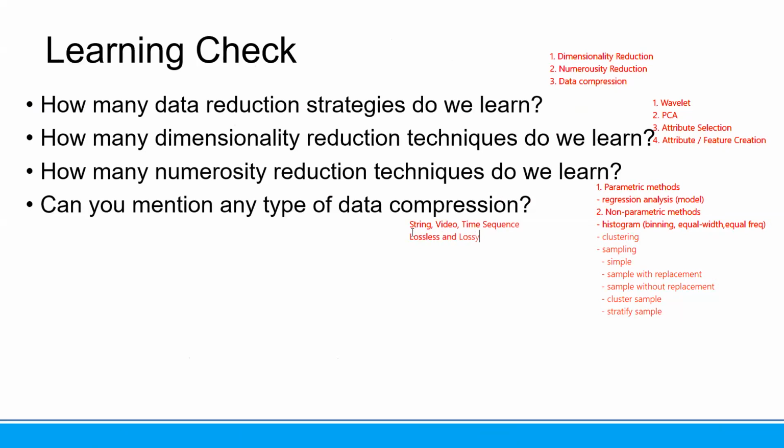So lossless data compression means you can get the original data, but lossy means you cannot get the real original data. The original data is only an approximation.